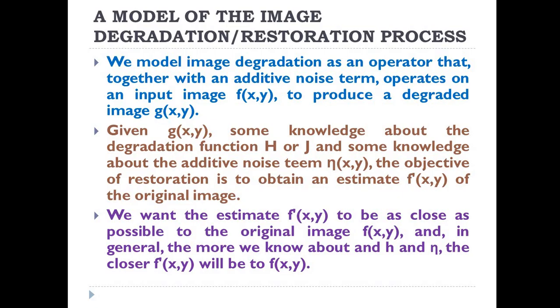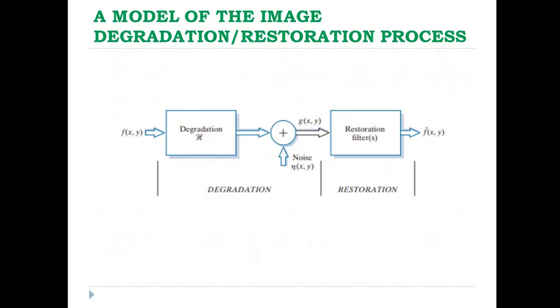So now let me show you the model. So you see the figure. This is actually a block diagram representation of the image restoration model. See, the input image is f of x comma y, and the degradation is by a factor h. That's what we represented, degradation function h. Now this is getting added with the noise n of x comma y.